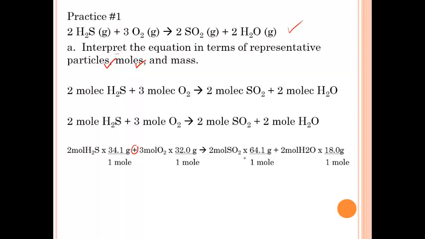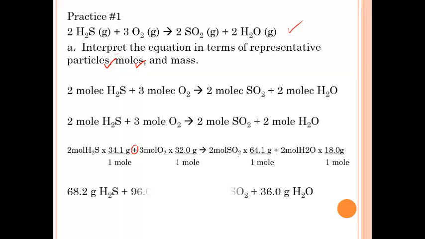2 moles of SO2, well, 1 mole is equal to 64.1 grams, and again we would have to take 1 sulfur, adding it with the 2 oxygens. And for water, 2 moles of H2O, we have 18.0 grams for our molar mass of water.